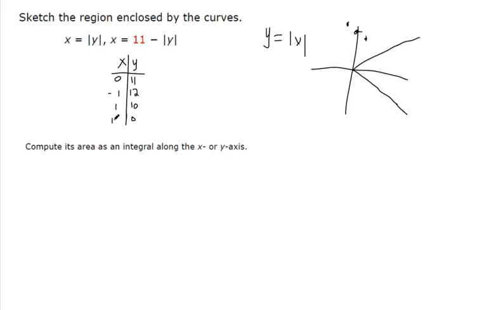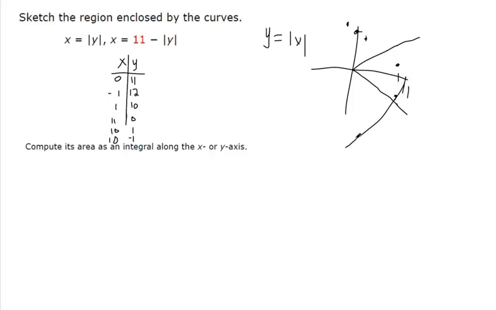You get out 11 for x. Y equals 1, you get out 10 for x. And then y equals negative 1, you'd also get out 10 for x. So that's probably the most important part because that's where it switches. So here's 11. At 10, we're going to have both 1 on the y and negative 1 on the y.